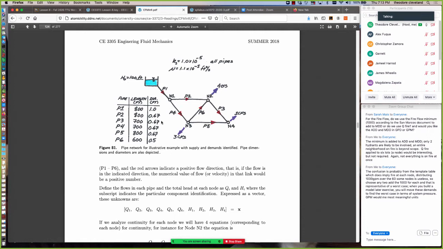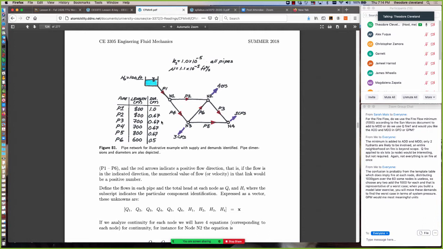So here's a network depicted here in the picture. There's a single reservoir labeled H sub 0 that has a pool elevation of 100 feet. That turns out to be a fixed grade node. And I have intentionally labeled the head there as H sub 0.